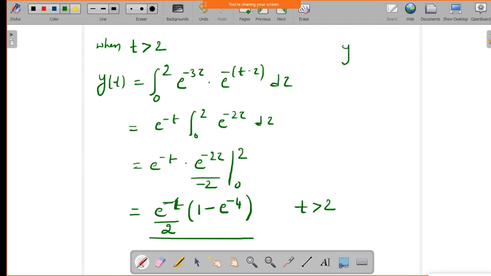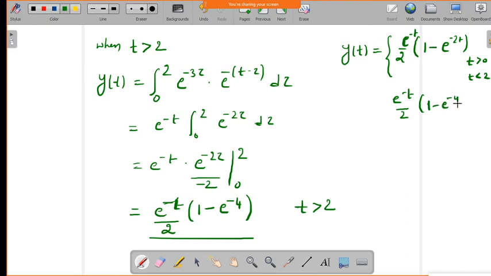So y of t is equal to half into 1 minus e power minus 2t, which you can write as e power minus t by 2, when t is greater than 0 and less than 2. Similarly, it is e power minus t by 2 into 1 minus e power minus 4 when t is greater than 2.